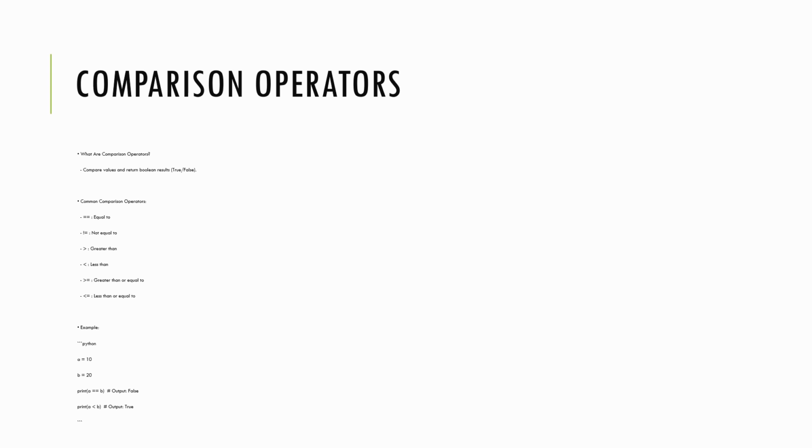Less than checks if one value is less than another. Greater than or equal to checks if a value is greater than or equal to another. Less than or equal to checks if a value is less than or equal to another. These operators are essential for making decisions in your program.